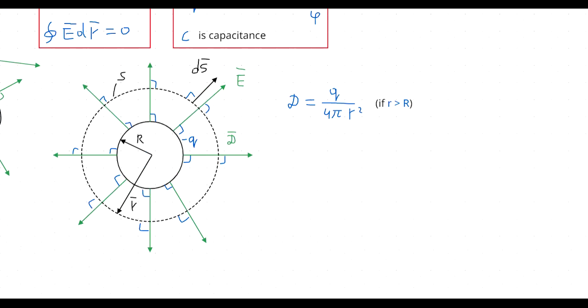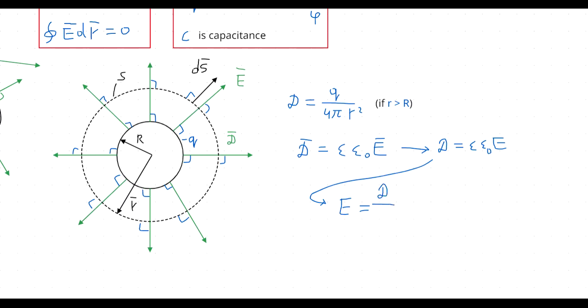We know that for isotropic media D is equal to epsilon 0 E. And from here we have that the absolute value of the electric field intensity is equal to the absolute value of the electric displacement vector divided by epsilon 0.